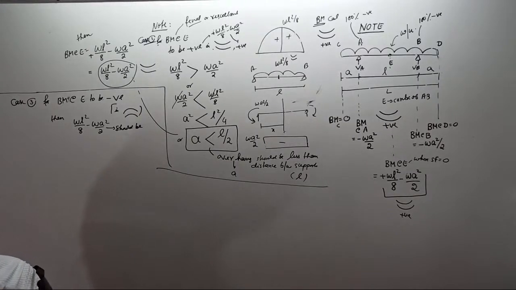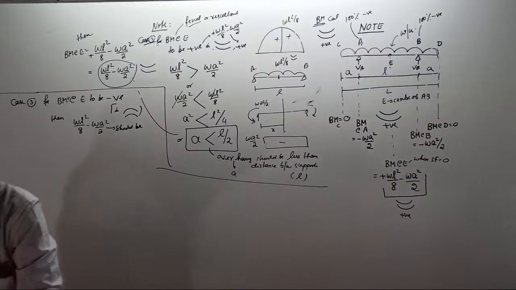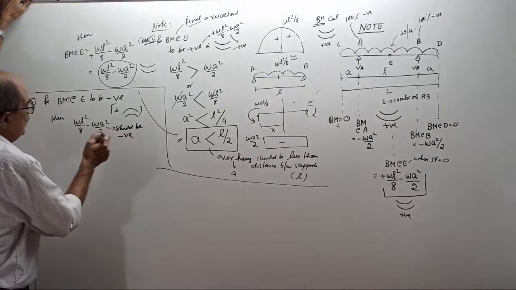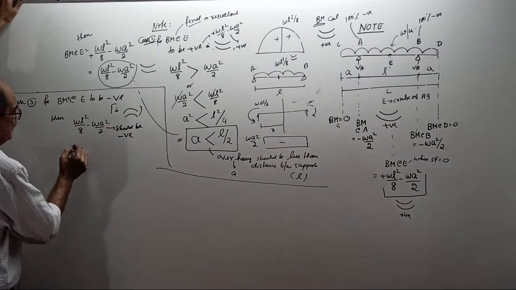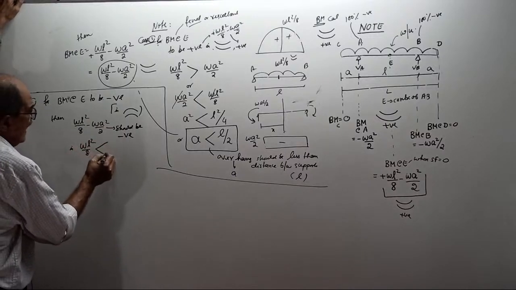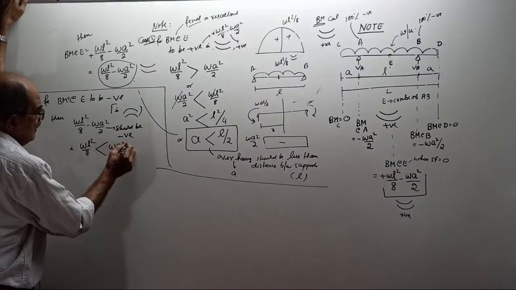I want the sign to be negative. When you want negative, then WL square by 8 should be less than WA square by 2.